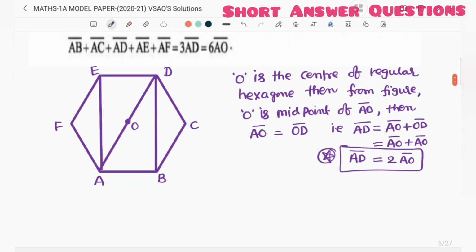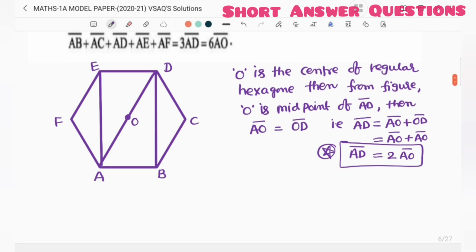Next, consider AB plus AC, whatever it is given, that you have to consider.